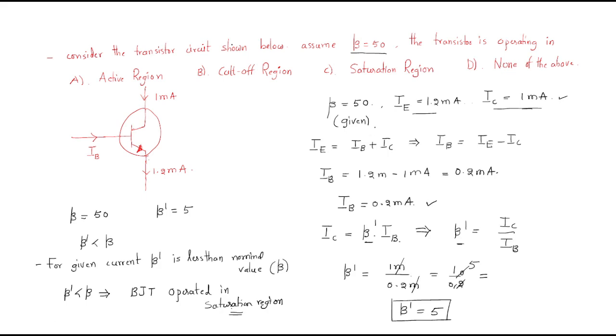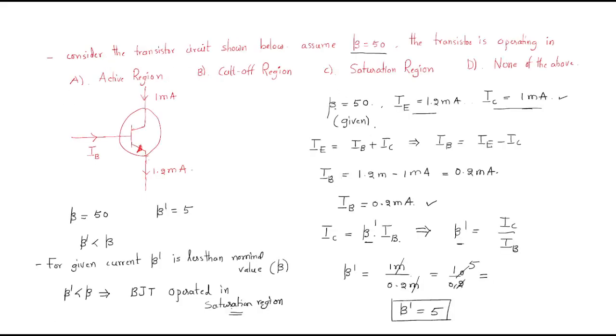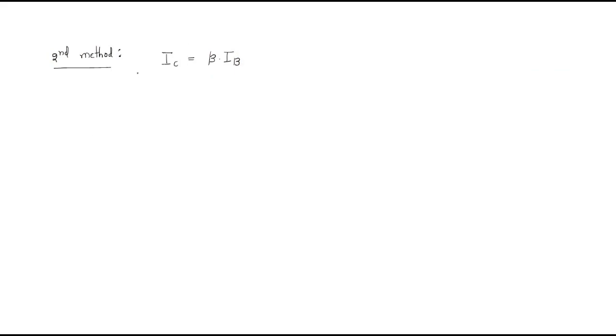So what is the second method here? You know the collector current equals beta into base current. Here we will do it like that. By using the given beta, which is 50, and the base current, which is 0.2, we have to find the collector current.